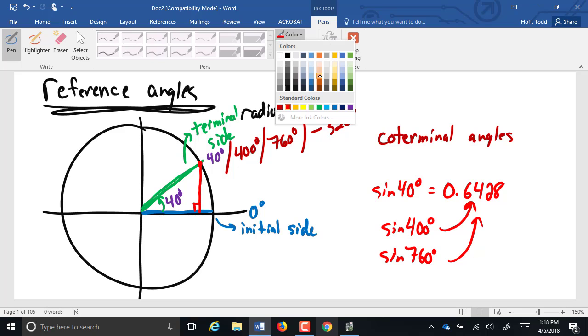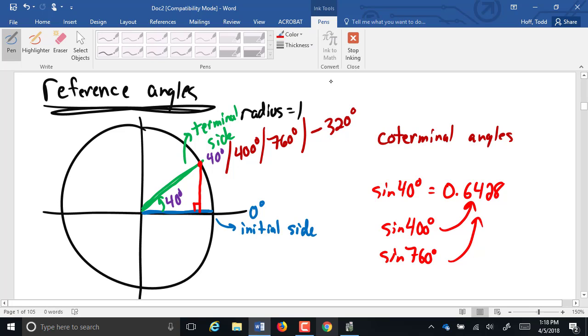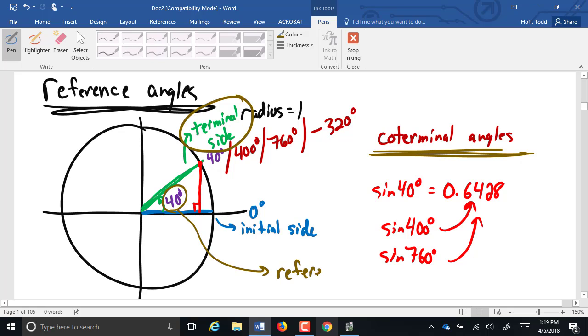Okay. So there are two concepts here. Terminal side is one concept. Those angles all have the exact same terminal side, so they're what's called coterminal with the 40 degrees. 40 degrees is also a reference angle.